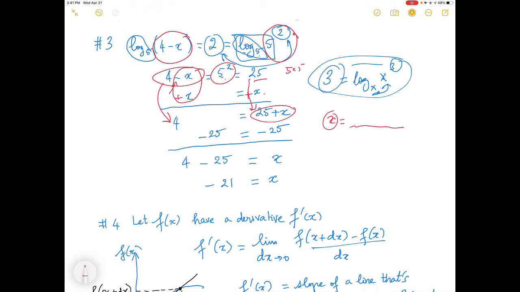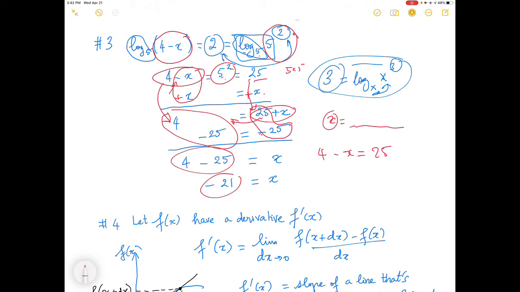Okay. Now, I have a number 25 over here. I need to move it over here. So what I do is I add minus 25, and these two cancel out. And this left side becomes 4 minus 25, which is minus 21. Of course, after you've done this solving problem the first few times, it will come naturally to you.